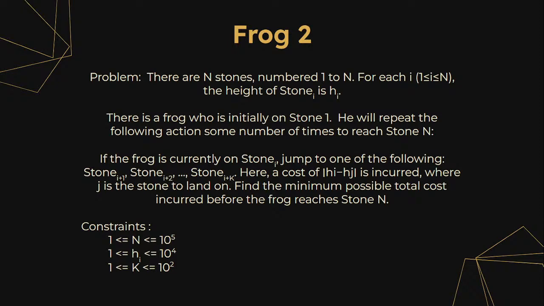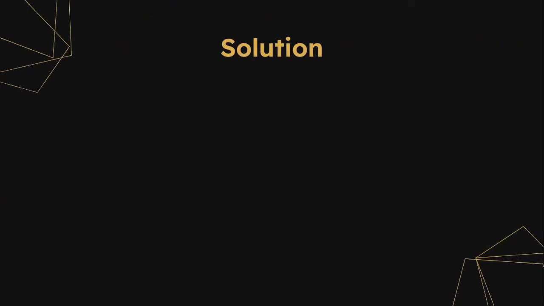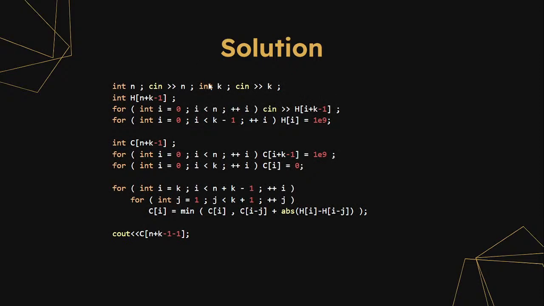Okay, so let's look at the code. It's quite straightforward. We have just taken input n. Now instead of adding one extra stone, I have added k minus one extra stones behind it, and I have set their height as very big so that they are never the answer.